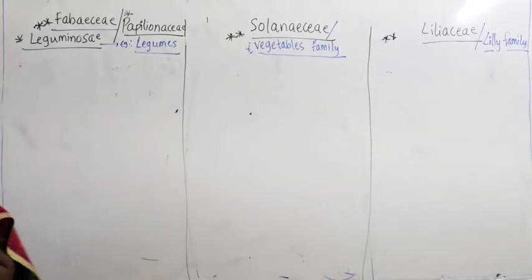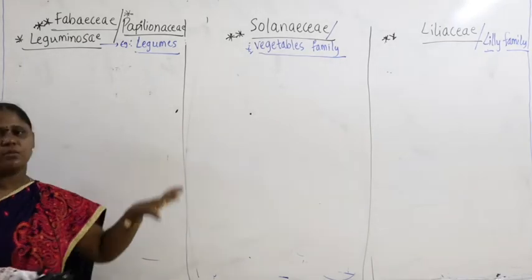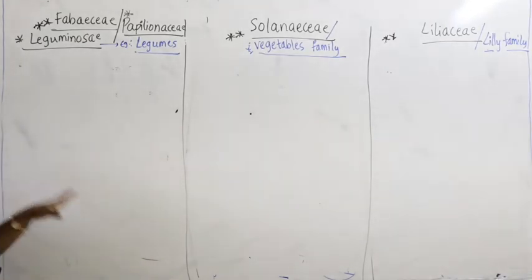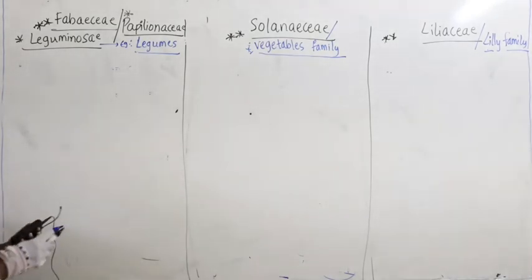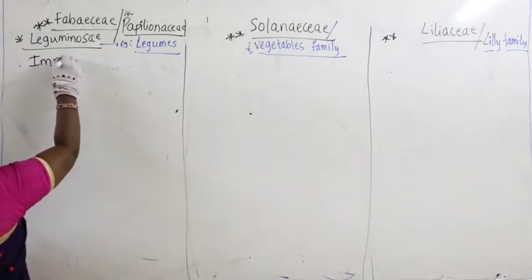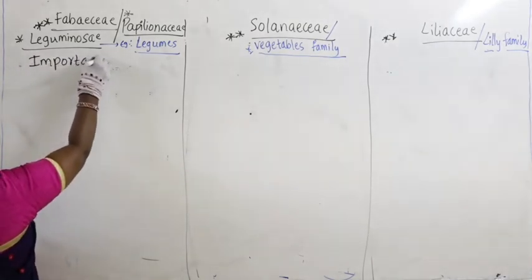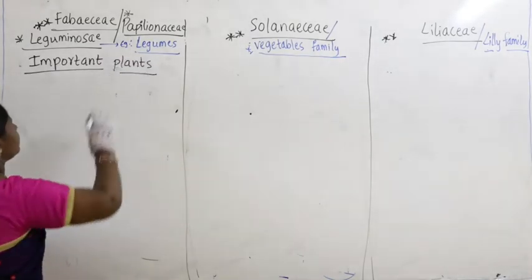Now, before we discuss habitat, where you find them growing, and the characteristics, like vegetative characters as well as floral characters, let us start by writing about the important plants which fall in these families. List of important plants.